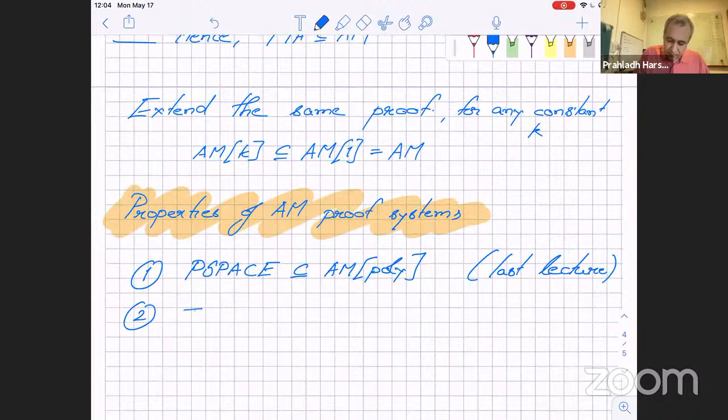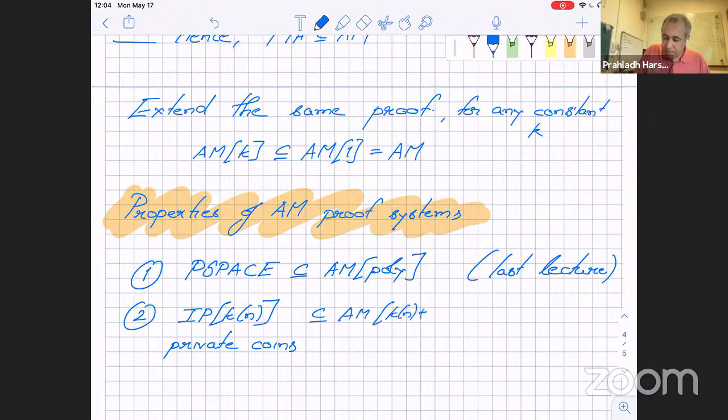What we see as a surprising thing towards the end of today's lecture is that IP[k(n)], that is, private coins, is actually contained in AM[k(n)+1], so this is public coins. Later today.